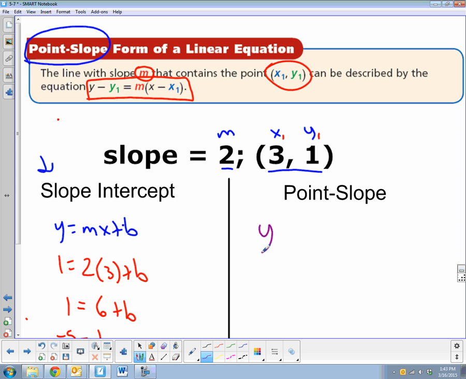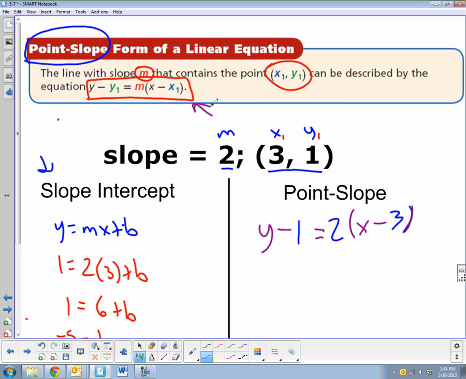So we do y minus y1, so y minus 1, equals the slope, m, times x minus x1. And that's how we fill in that formula. And that's what that formula says right here. Y minus y1 equals m, parentheses, or times x minus x1.